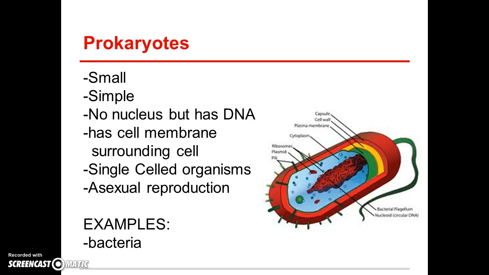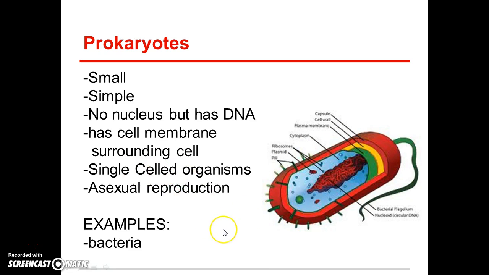There are specific characteristics of prokaryotes. These guys are small. They are single cell, they are simple. There is no central nucleus here, but it does have a wad of DNA. It has a cell membrane and a cell wall. We're going to talk about all these little organelles later, but it has both of these ingredients, keeping it protected and keeping a barrier between it and its surroundings.